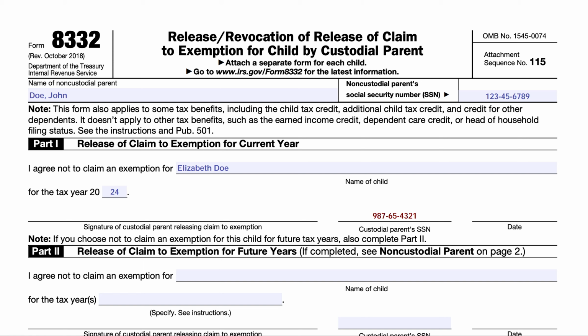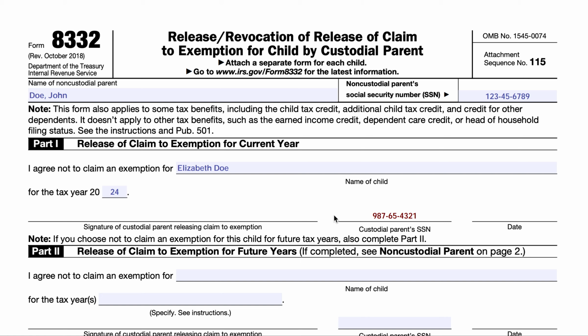So part two: Mary Jane Doe could also choose, in addition to the current year, to release her claim to exemption for future years. So let's imagine that Mary Jane Doe and John have agreed that John will have the ability to claim the exemption for tax years 2024 through 2026.